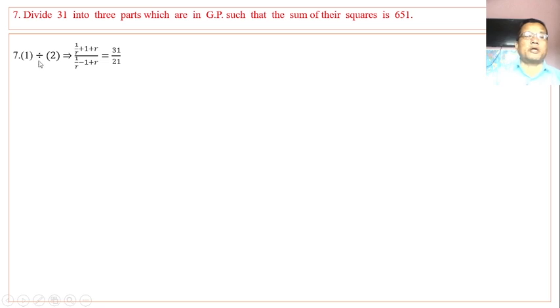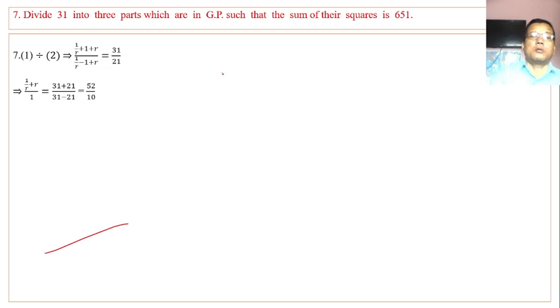So for question 7, from the second part, dividing equations 1 and 2, we get this. Cross multiply, using componendo and dividendo: if a by b equals c by d, then proportional ratios hold, giving c plus d over c minus d, component of dividend.